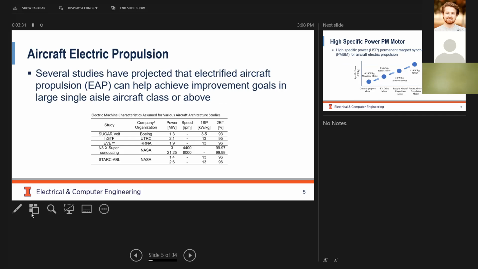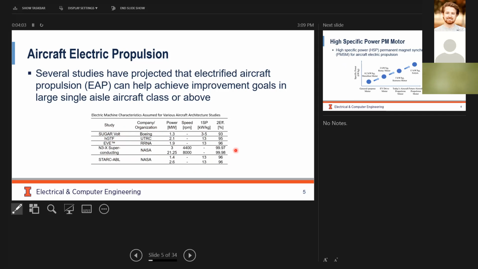These studies show some potential aircraft configurations, like SUGAR Volt proposed by Boeing, STARC-ABL proposed by Rolls-Royce North America, HGTF proposed by United Technologies, now called Raytheon, and also two superconducting concepts proposed by NASA.